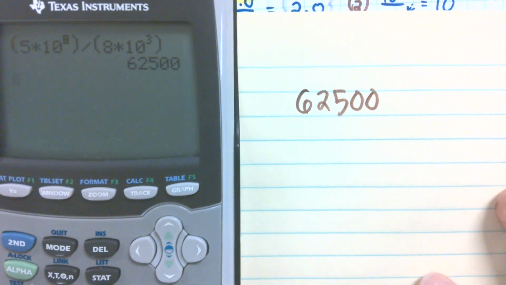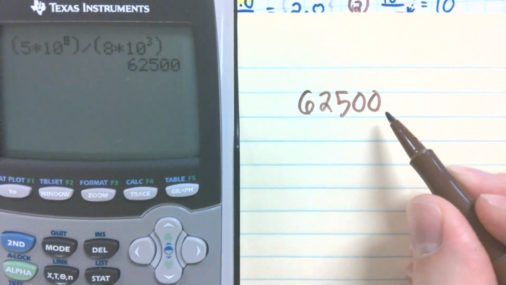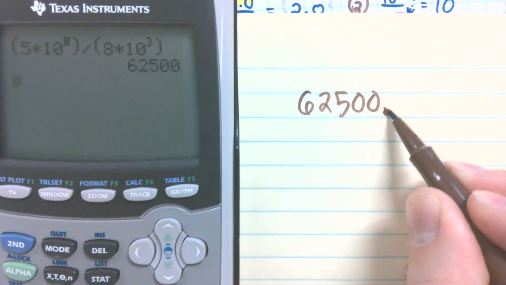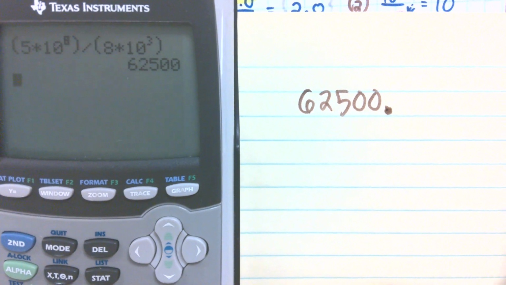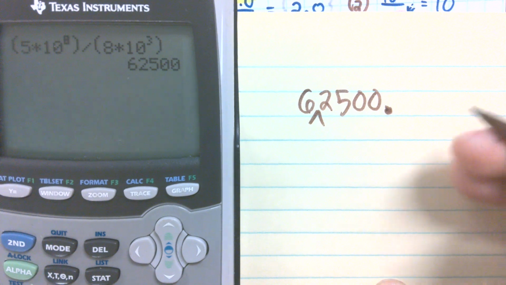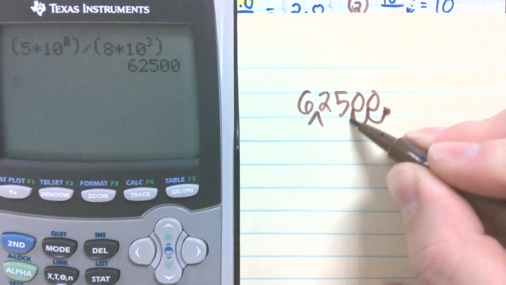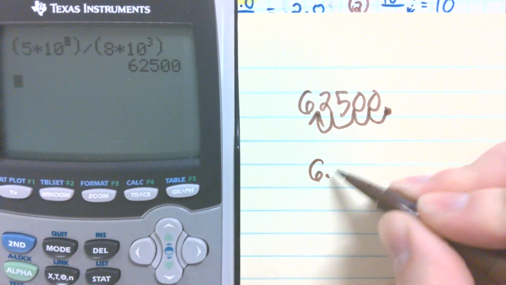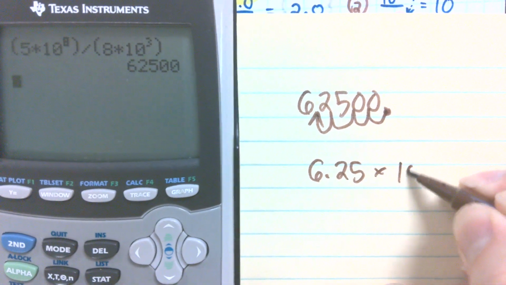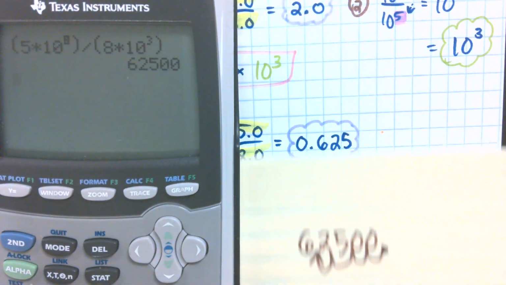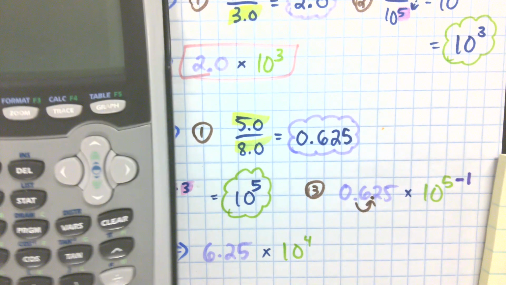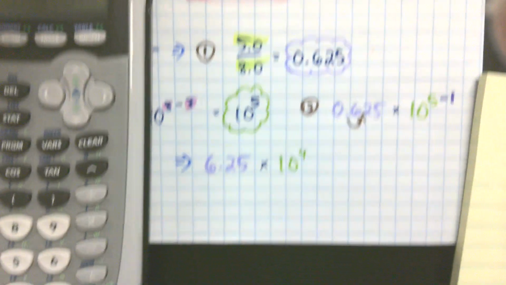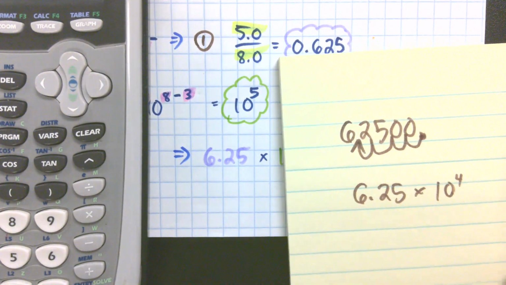Where's my decimal in this number? On the very end. Where do we want it to end up? In between 6 and 2. How many spaces do we have to move? 1, 2, 3, 4. 6.25 times 10 to the 4th. Is that what we got? Yes, it is. 6.25 times 10 to the 4th.